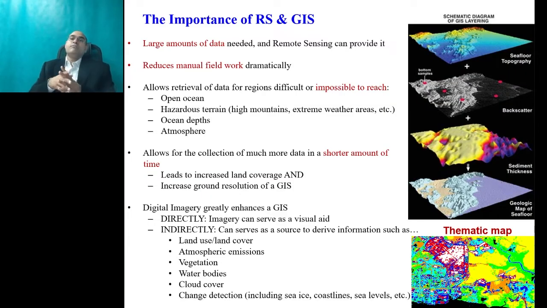So now the importance of GIS. We have a lot of thematic layers or different types of data. We compare them and get a thematic map or result map that will provide all the information about our queries. A large amount of data is needed, which can be provided easily from remote sensing.